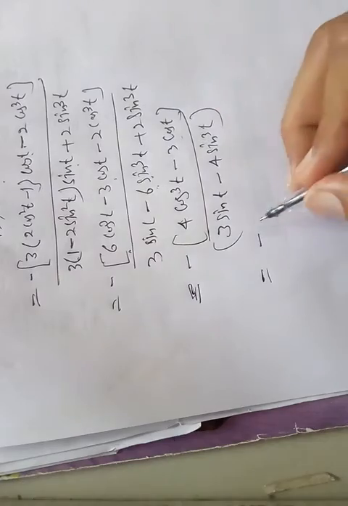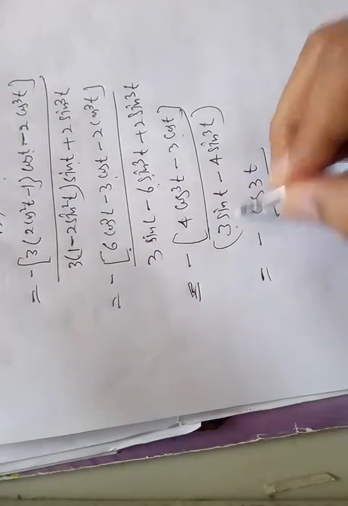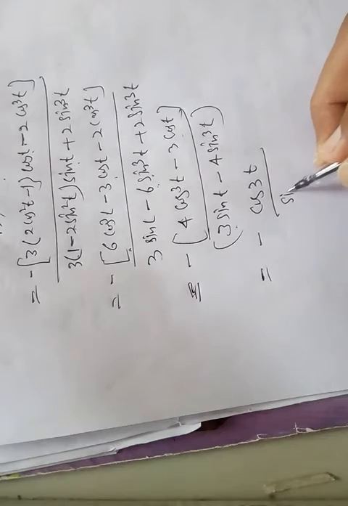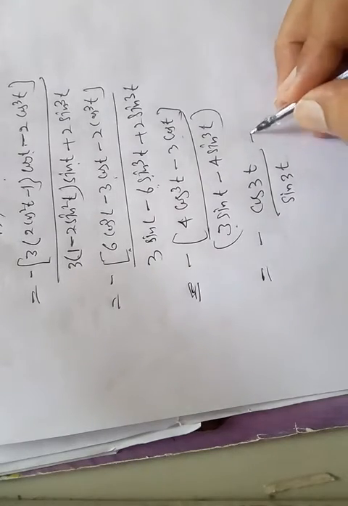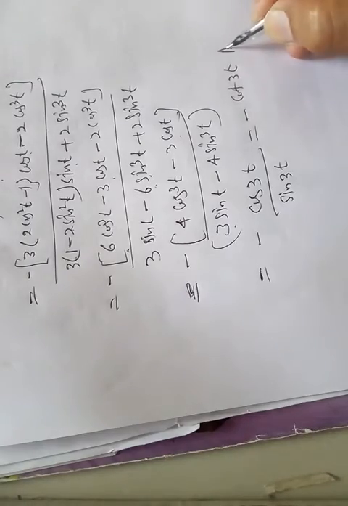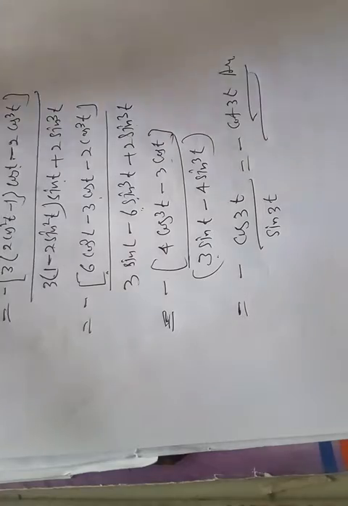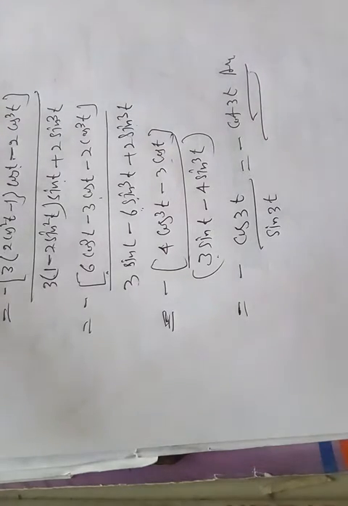This is the formula of cos 3t, and this is 3 sin a minus 4 sin cube a, sin 3t. This is equal to minus cot 3t. That's your answer. Most important question for examination. This question comes for 4 marks.